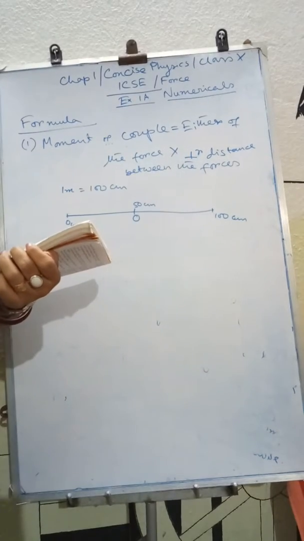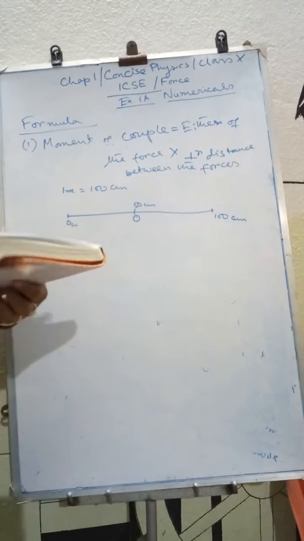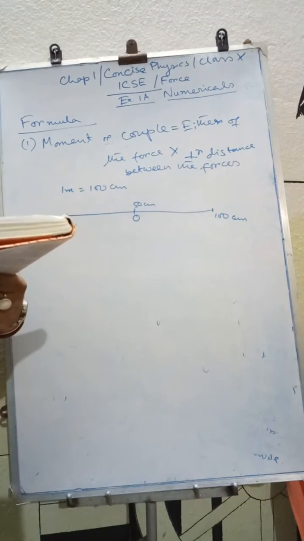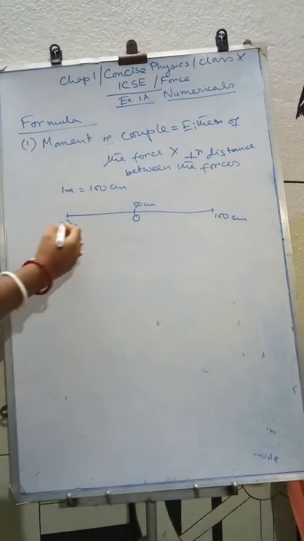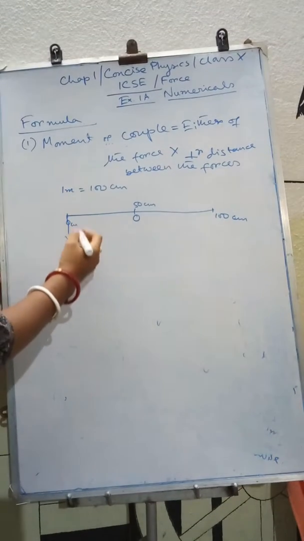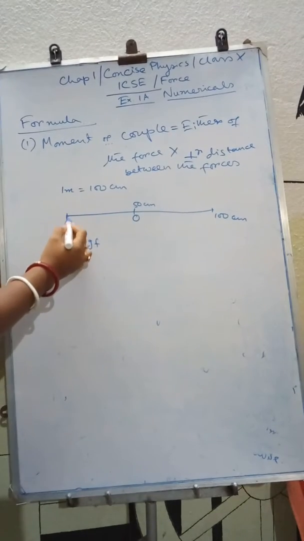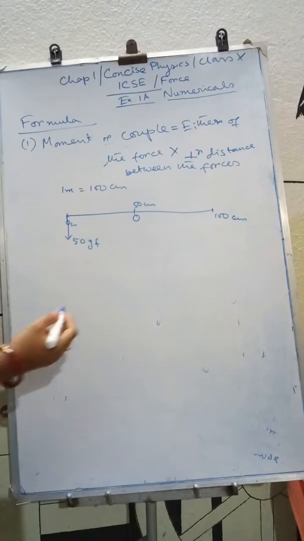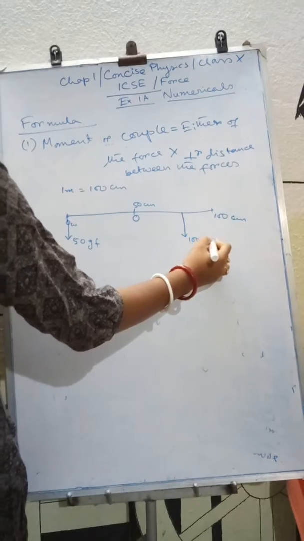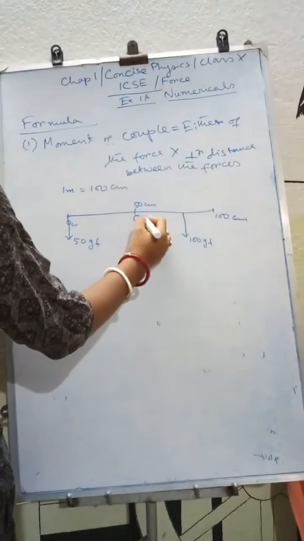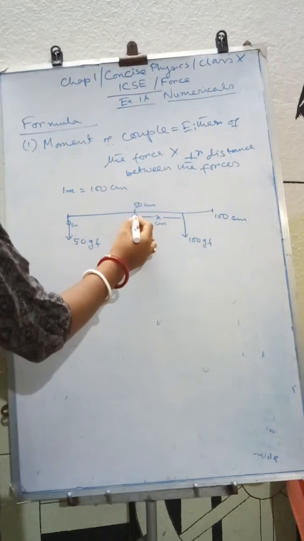A weight of 50 gram force is suspended at one end of it, where should a weight of 100 gram force be suspended to keep the rule horizontal? So a weight of 50 gram force is suspended at one end. And let us consider the weight of 100 gram force will be suspended at a distance of x centimeter from the midpoint.